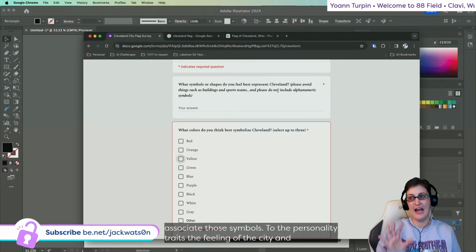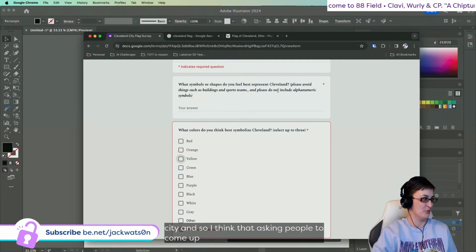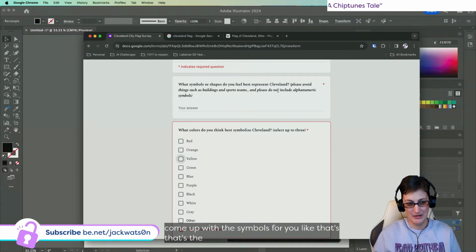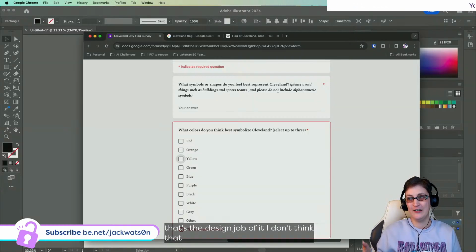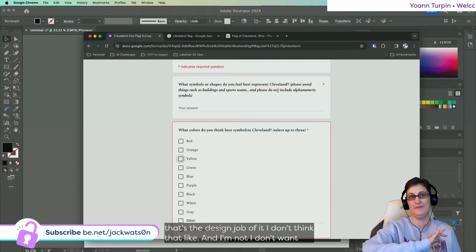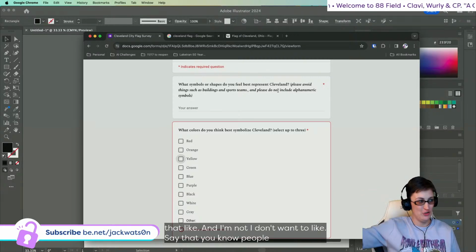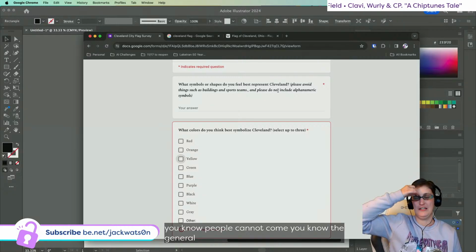Asking people to come up with the symbols for you, that's the design job. I don't want to say that the general population isn't going to be able to do this exercise.